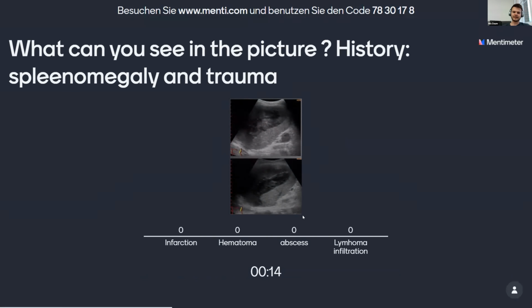So what do you think it could be? Is it maybe an infarction? Is it a hematoma, an abscess, or a lymphoma infiltration?